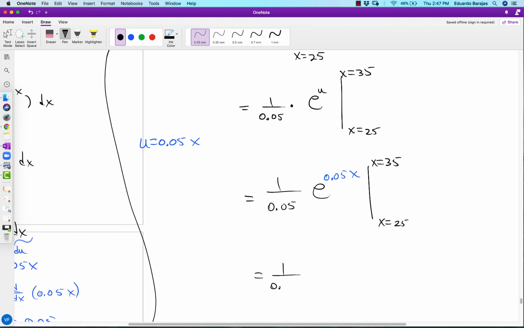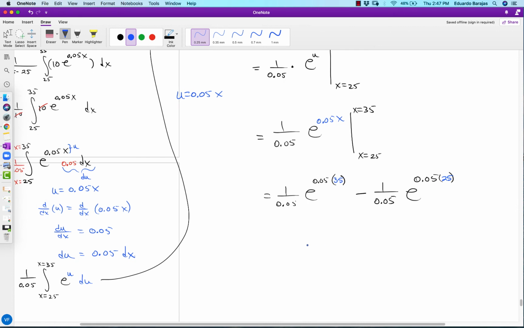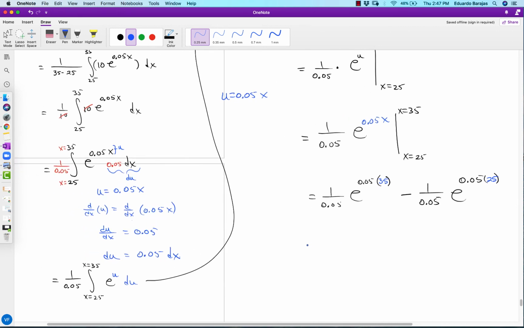This becomes 1 over 0.05 e to the 0.05 times 35, minus 1 over 0.05 e to the 0.05 times 25. So here we evaluate this at 35, and here we evaluate this at 25. Okay, we've gone as far as we can go without a calculator, so we just grab our trusty calculator and write down our answer.